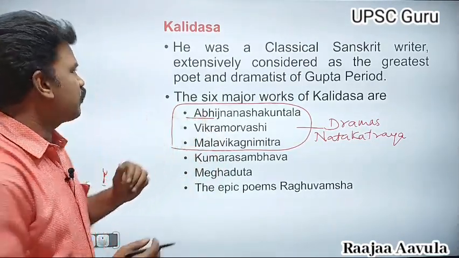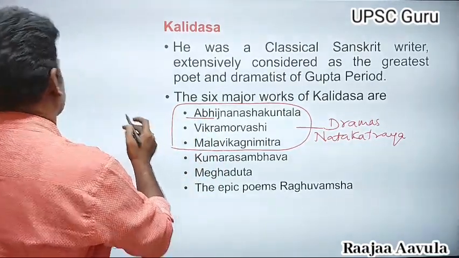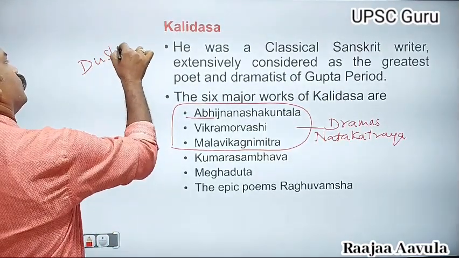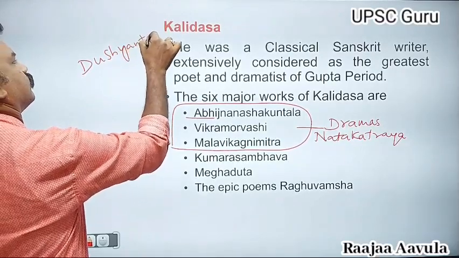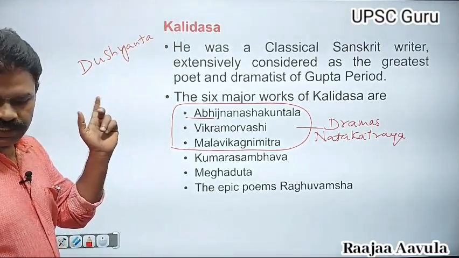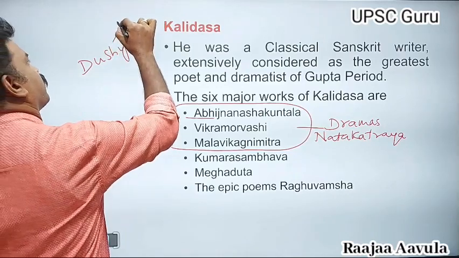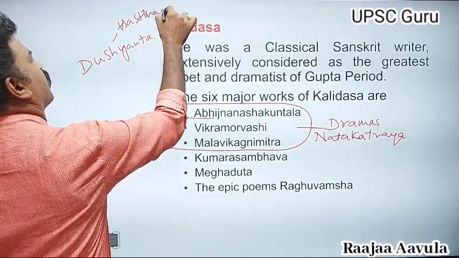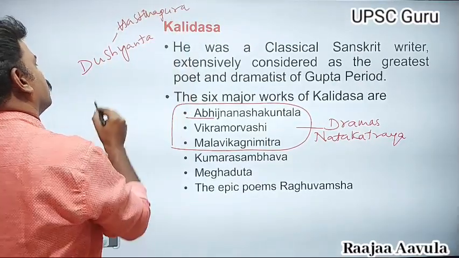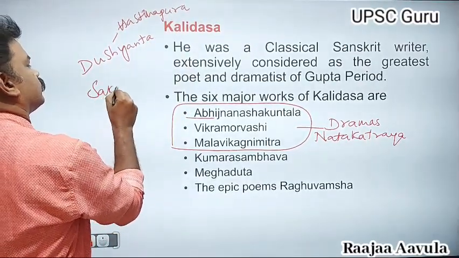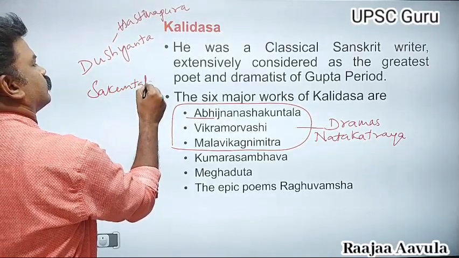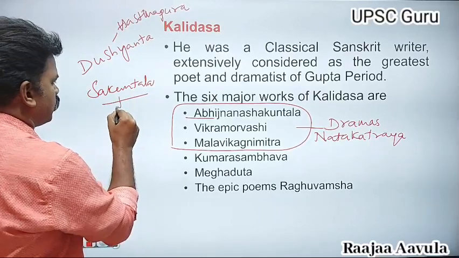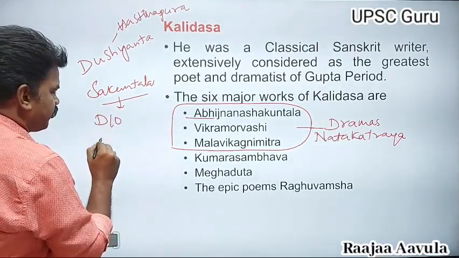It was a love story of Dushyanta, a king of Hastinapura, and Sakuntala. Sakuntala was a daughter of Vishwamitra.